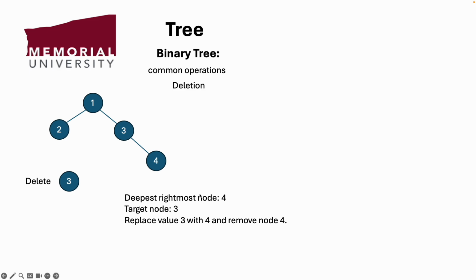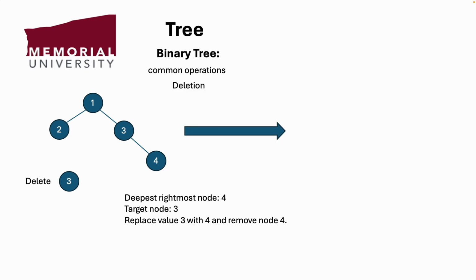The deepest rightmost node in this tree is what? Okay, as we can see, it's node 4. The target node is what? It's node 3. Replace the value of node 3 with 4, with node 4. And then we're going to remove what? The node 4.